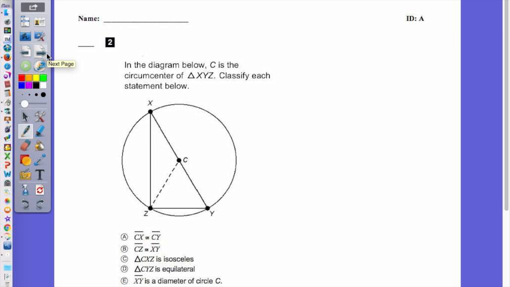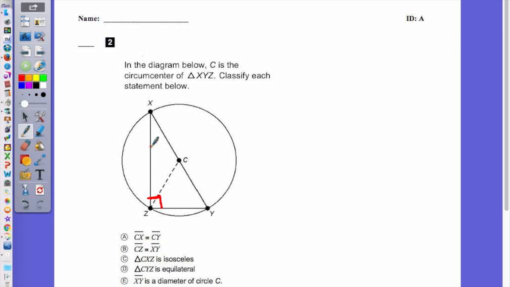Number 2, in the diagram below, C is the circumcenter of X, Y, Z. Classify each statement below. If this is the circumcenter and it sits on the hypotenuse, this must be a right angle.